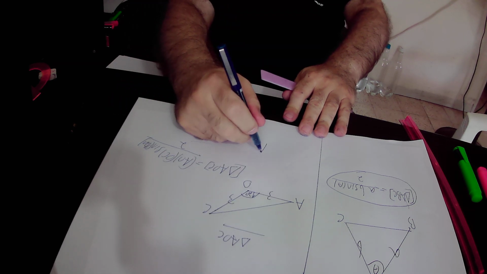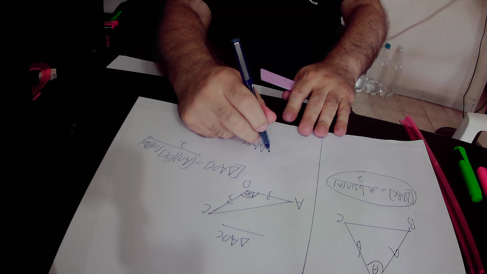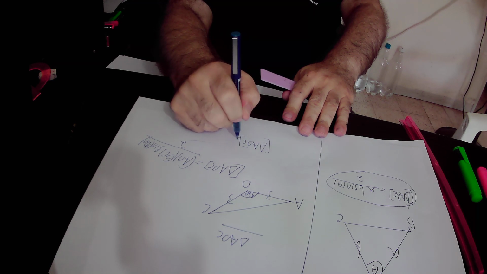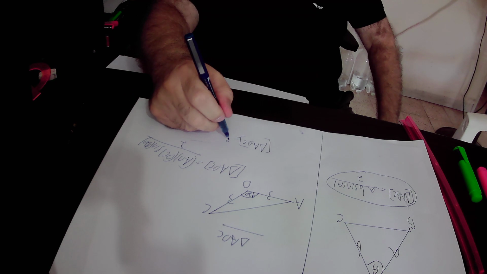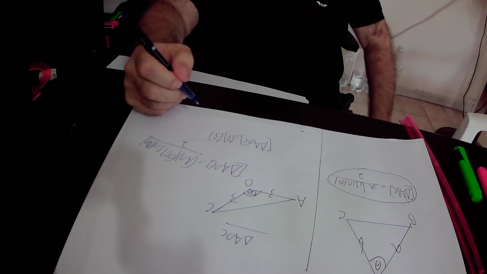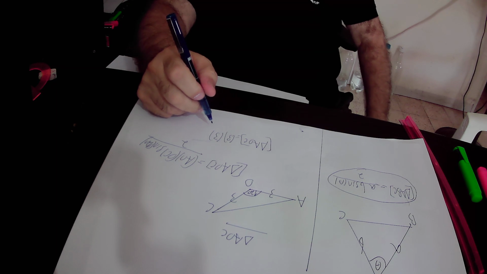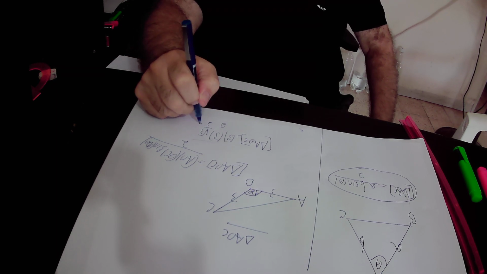That is to say, the area of triangle AOC will be equal to AO, that is 3, times OC, that is also 3, times sine 120 degrees, which is equal to root 3 over 2, all divided by 2.